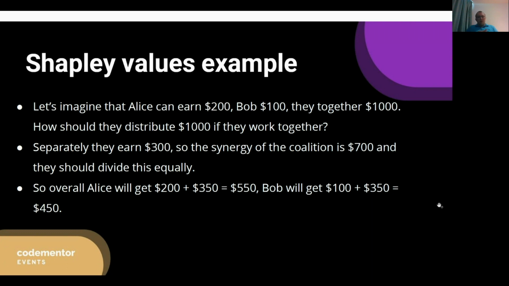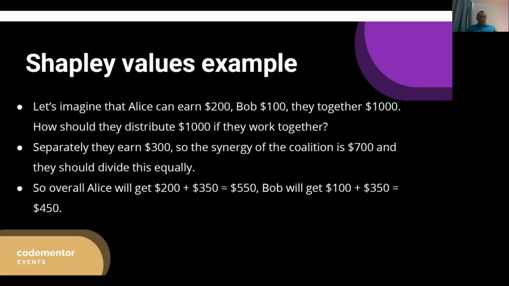Let's try to look at one example. Maybe it will help someone to understand. Let's imagine that Alice can earn $200, Bob $100, and together they can earn $1,000. How do they have to distribute this $1,000 if they work together?